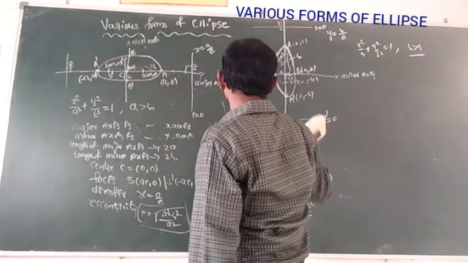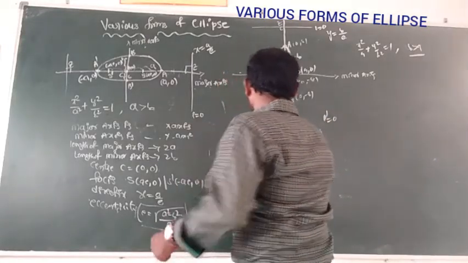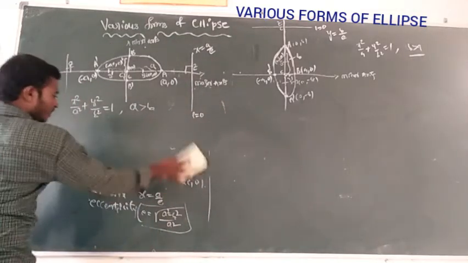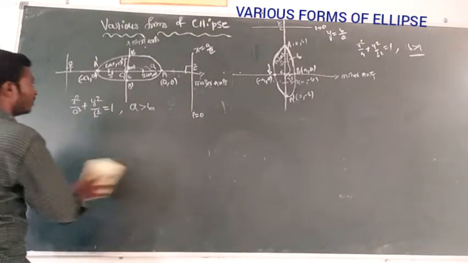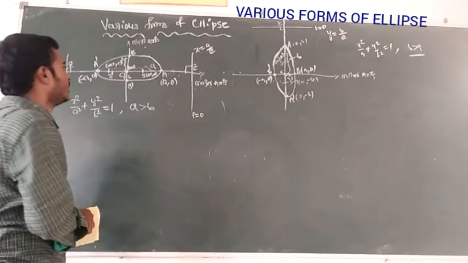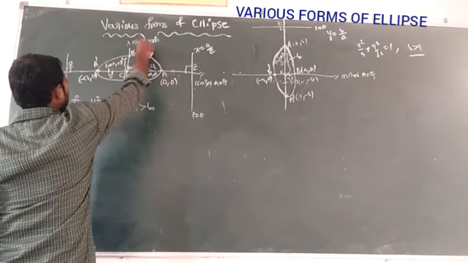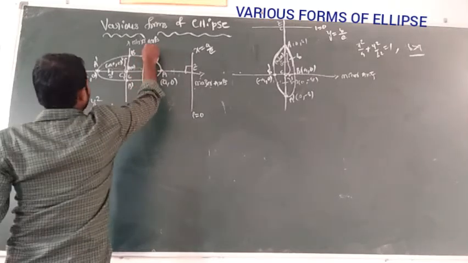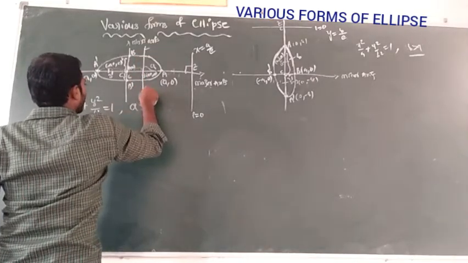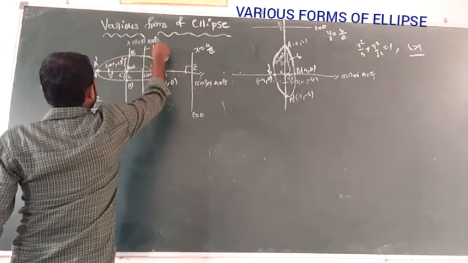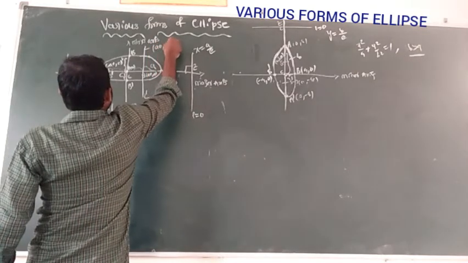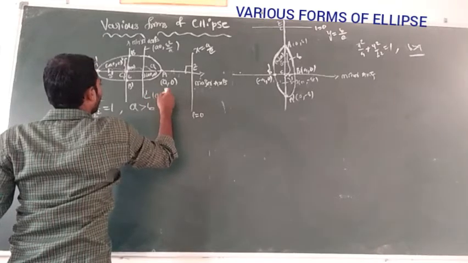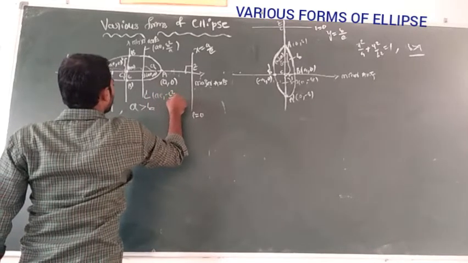Now again we have some notations. We have another point from this diagram, that is the length of latus rectum. Very important, the latus rectum is perpendicular to the axis at the focus. So the ends of latus rectum L and L dash are (ae, b square by a) and (ae, minus b square by a).